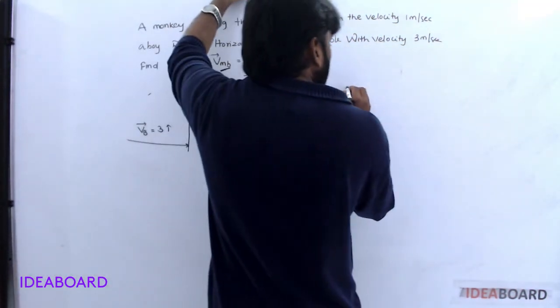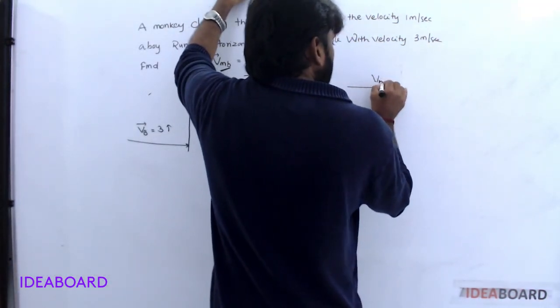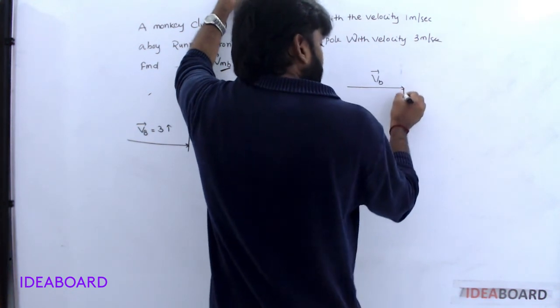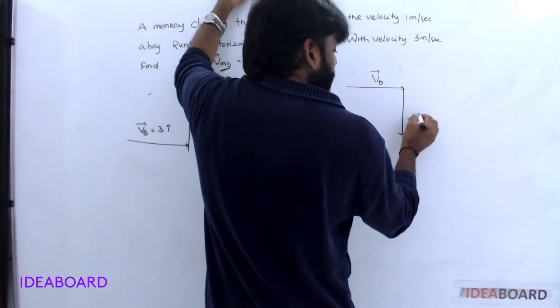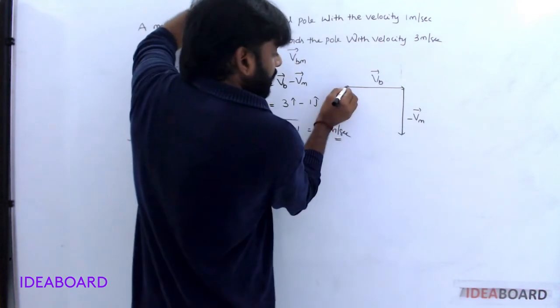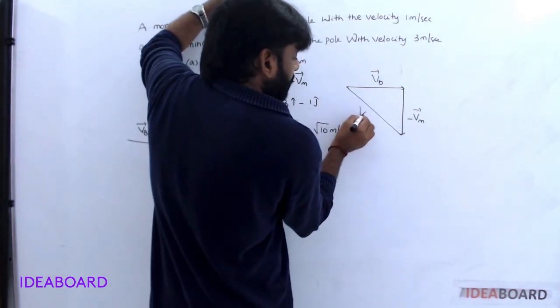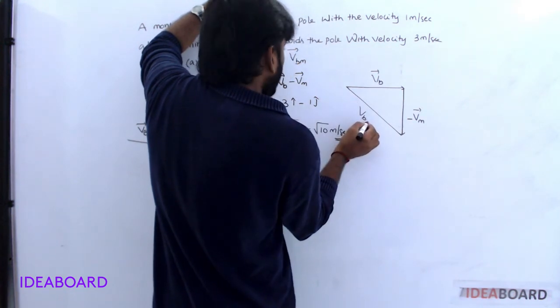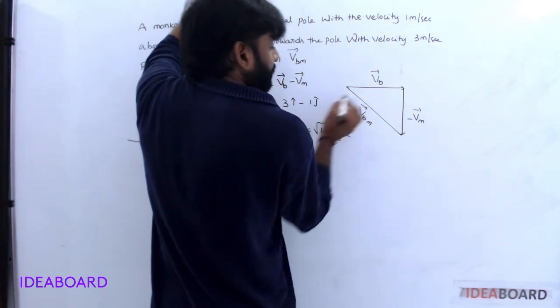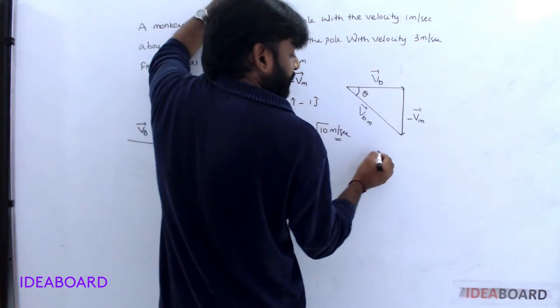See, boy velocity is as usual in direction. But monkey velocity direction is changed, minus Vm bar. It gives boy with respect to monkey. Okay, this is the angle theta.